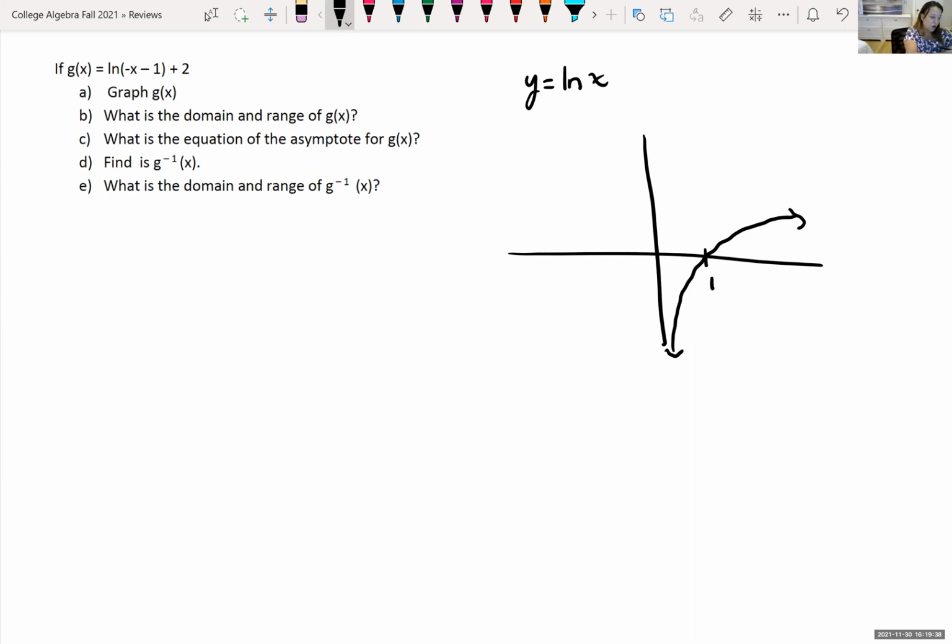That -1 inside here is going to shift the graph to the right one. If we shifted this to the right one, we now have this piece.